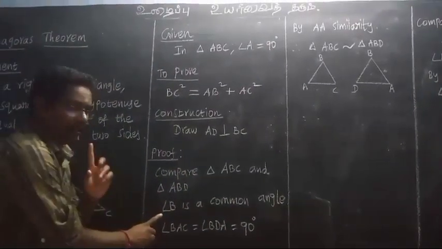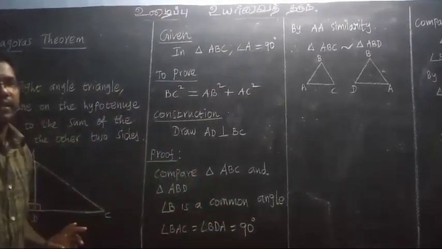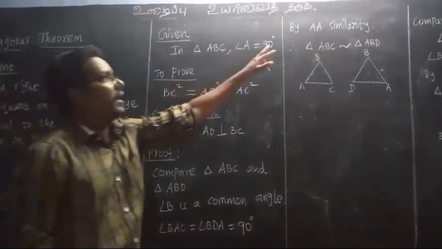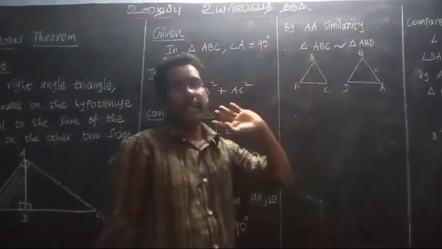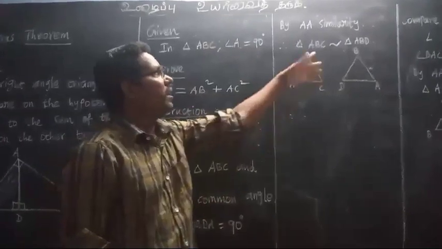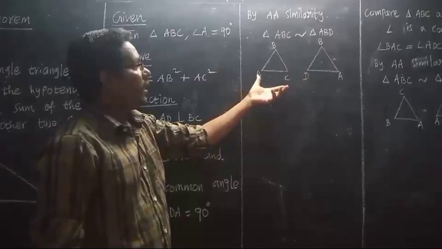B is a common angle, first condition. Second, A and D equal 90 degrees. Therefore triangle ABC is similar to triangle ABD. Can you understand?